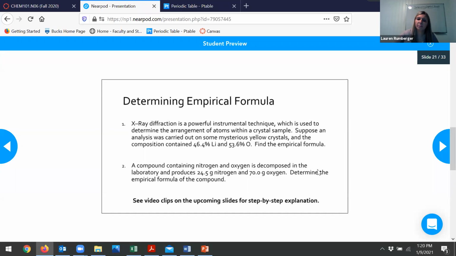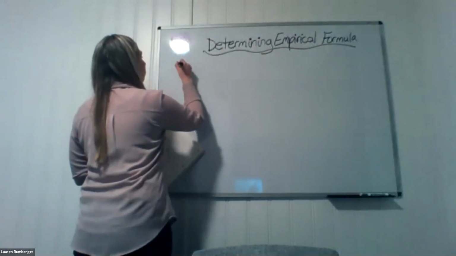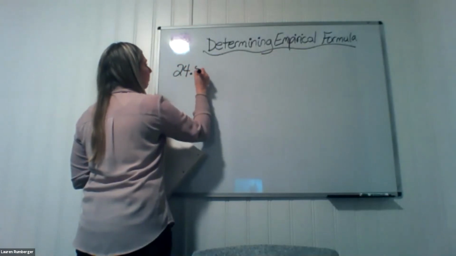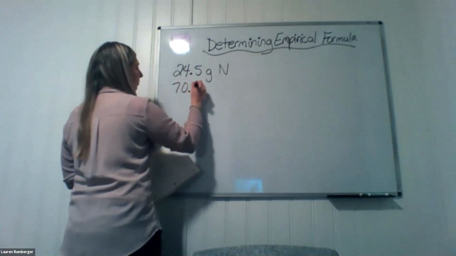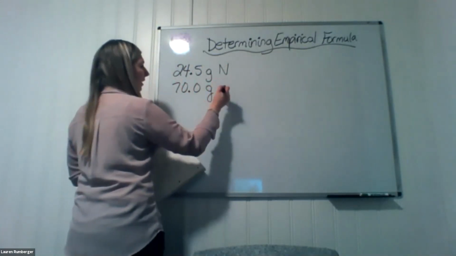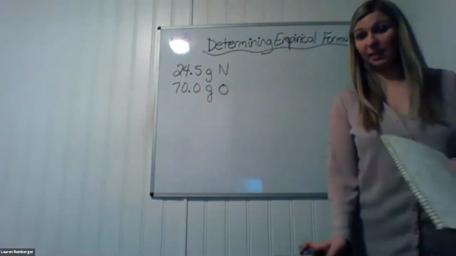So for this particular example, we are going to start with our 24.5 grams of nitrogen and 70 grams of oxygen and determine the empirical formula of the compound.